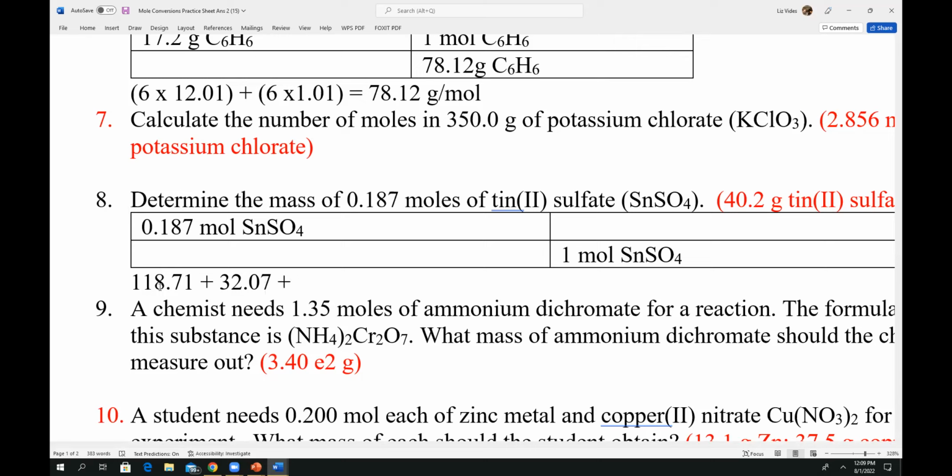Plus we have 4 oxygens times 16.00, and that's equal to, I don't know, let's see. Here is 118.71 plus 32.07 plus 4 times 16.00 is, oh, clear. Dang it. How did I do that?